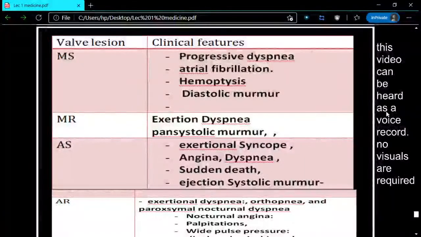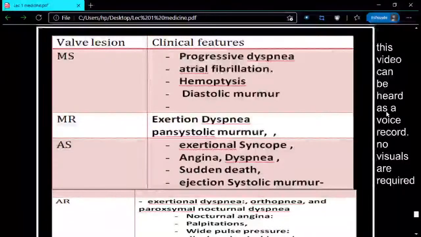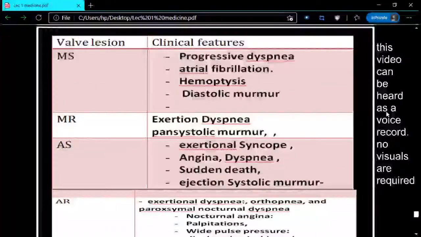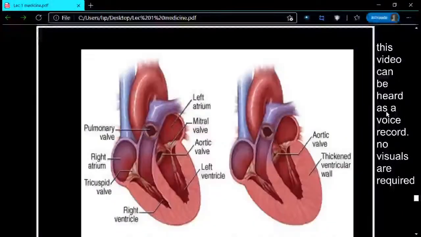Valve lesions: MS, PS, and AR. Beginning with the obstruction of the aorta of the left ventricle during systolic cycle, as we studied.